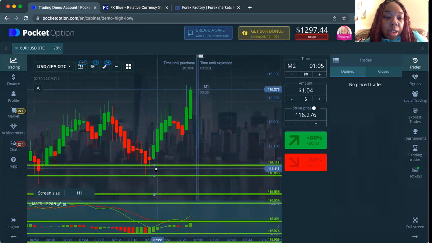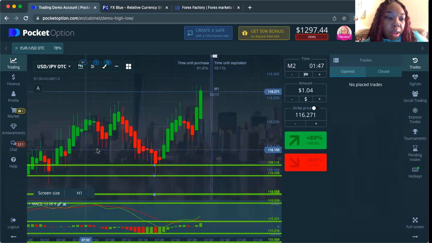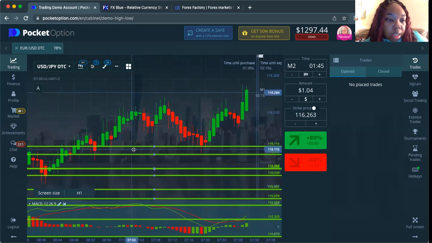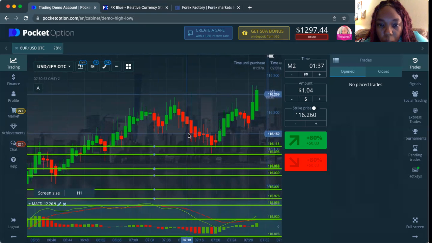So this is a key area. Why did I choose this as a key zone area? Well, one, I'm looking at wicks when I'm marking up my support and resistance. These tell me where price had literally gone. And by me putting it there, you see price has hit this area, the 116.118.